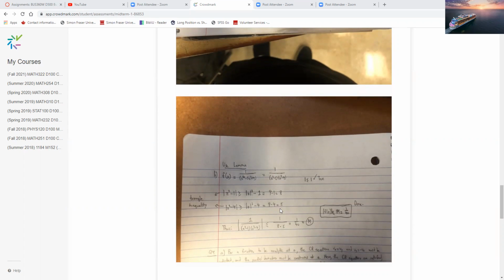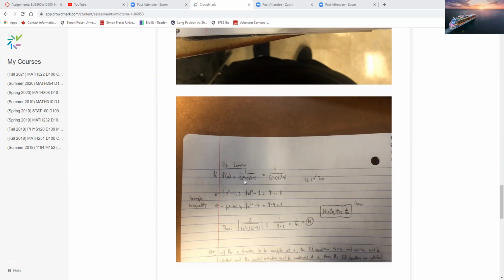There was a homework assignment in my class where, if you prove the triangle inequality, that the absolute value of z1 plus z2 is less than or equal to the absolute value of z1 plus the absolute value of z2, then you can say that also the absolute value of z1 minus z2 is greater than or equal to the absolute value of z1 minus the absolute value of z2.